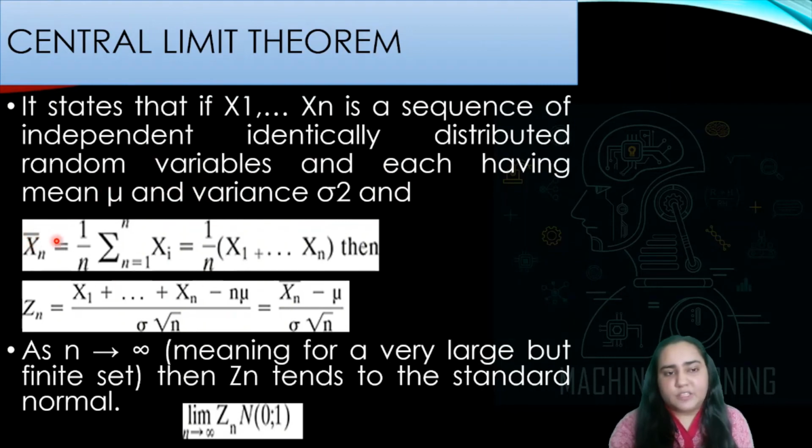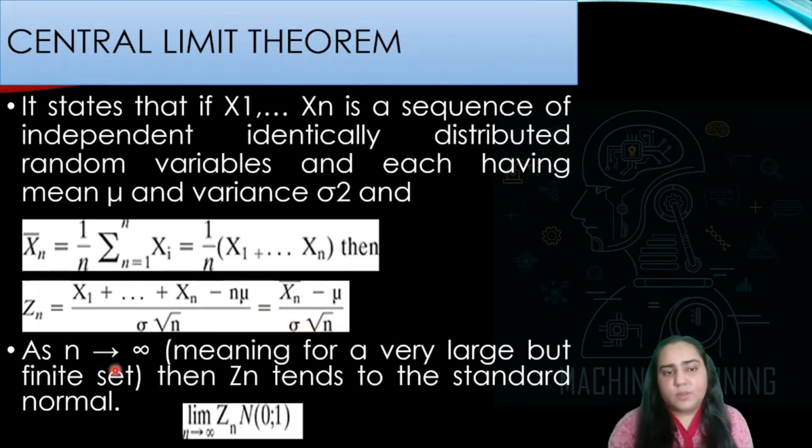You can specify that x bar n is equal to 1 by n times the sum of all the xi values. And you can specify that Zn is equal to (x bar n minus mu), where mu is the mean, divided by sigma, your standard deviation, over root n.